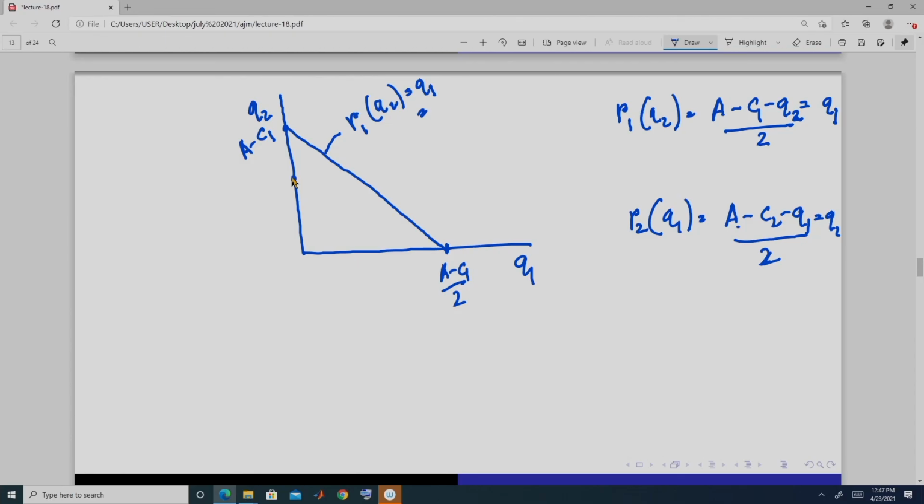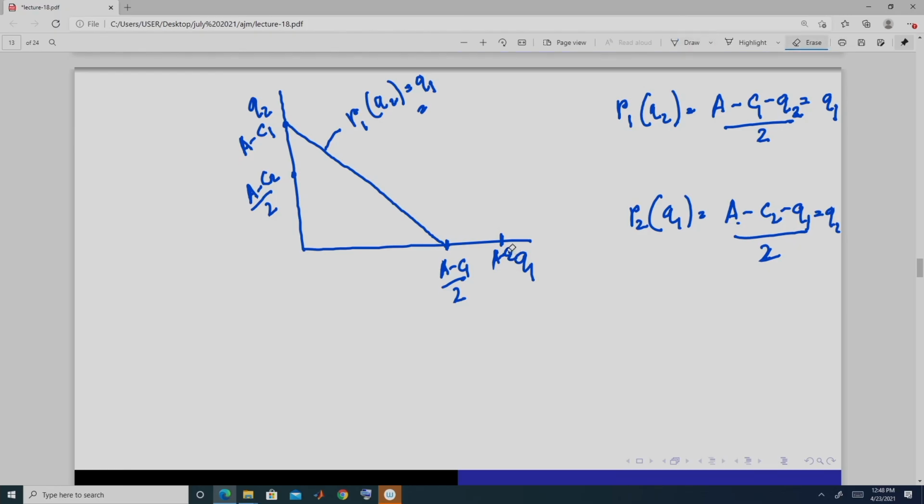Suppose it is this, and when Q2 is equal to 0, it is A minus C2 equal to Q1. Suppose it is here, A minus C2. Okay, and this is the reaction function of firm 2.